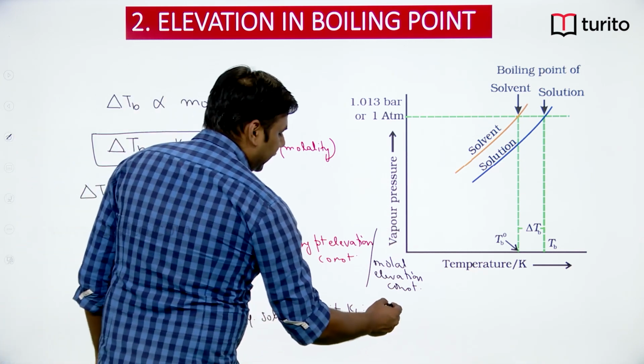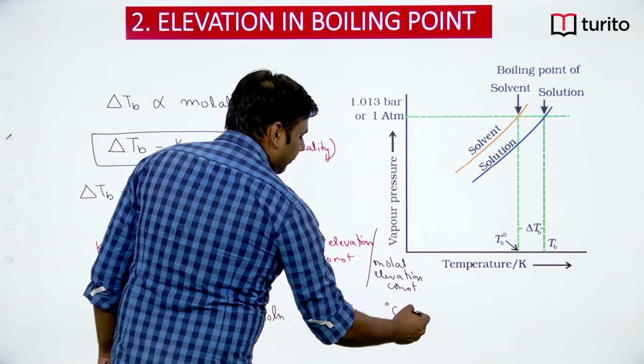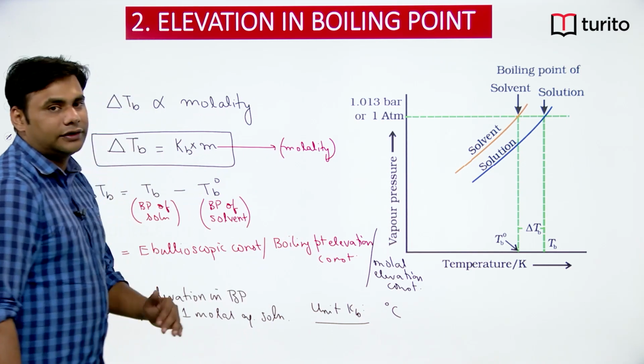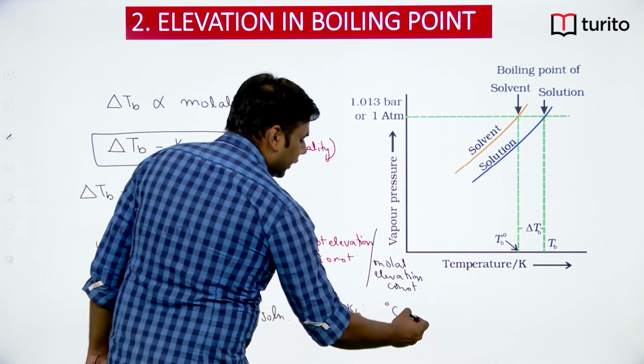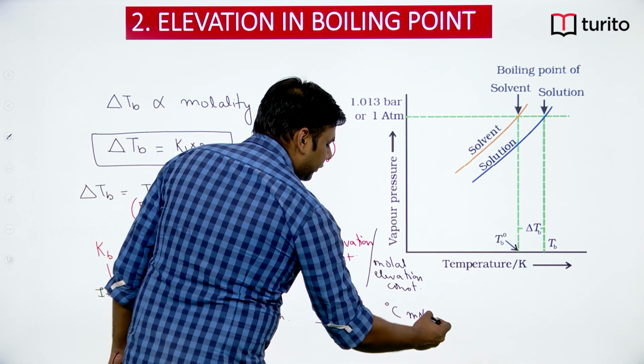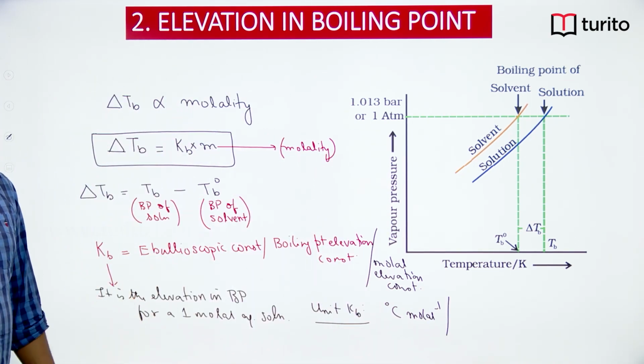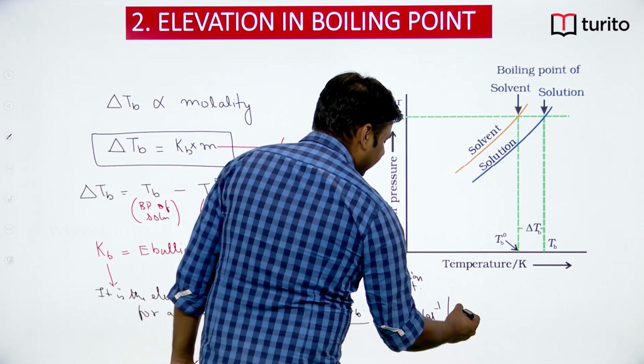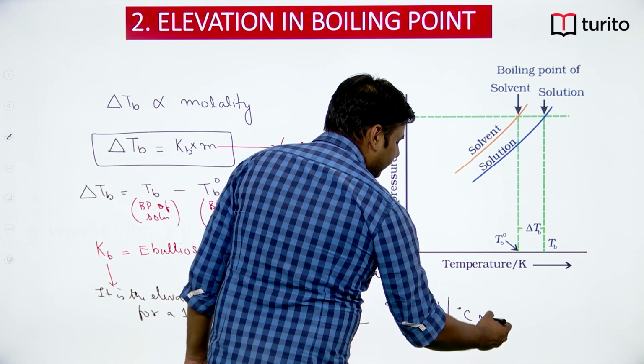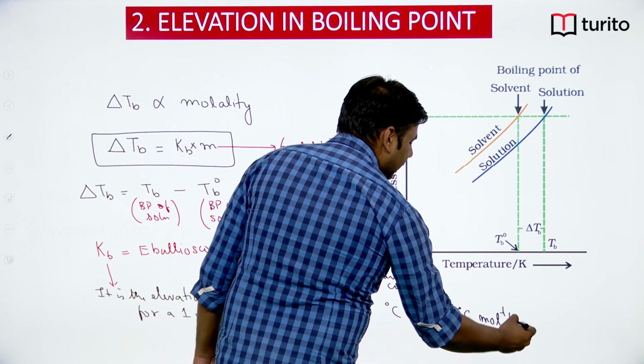So I can write this as degree Celsius per molal. Now molal is basically number of moles upon mass of solvent in kg.